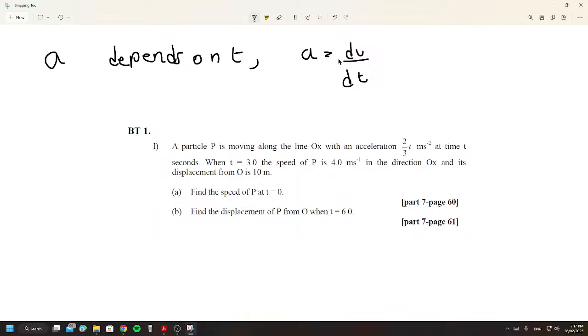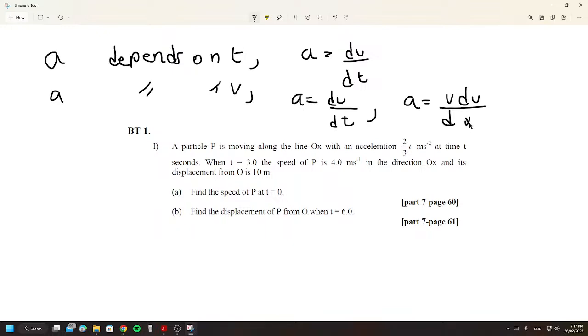Basically, acceleration is equal to the rate of change of velocity. When acceleration depends on v, then it is either dv over dt, because here it's dependent on t, so we have t here, and here it's dependent on v, and we have v here. It is either dv over dt or acceleration is equal to v dv over dx.